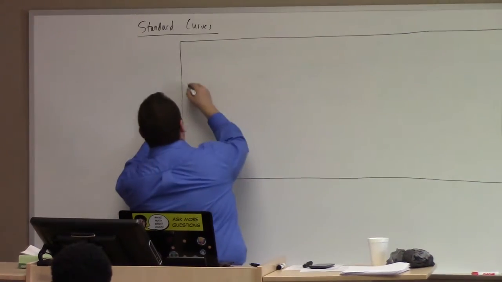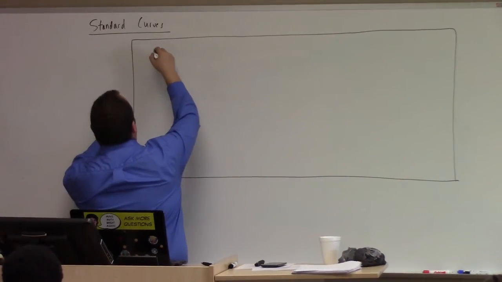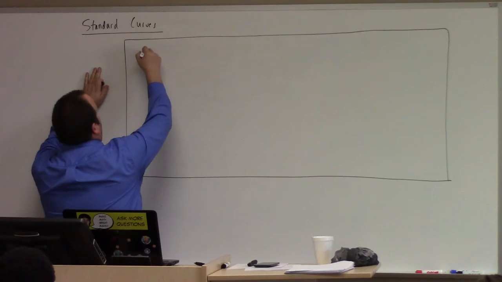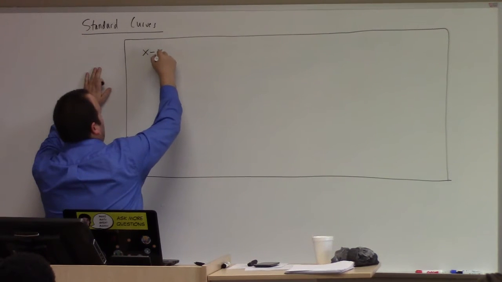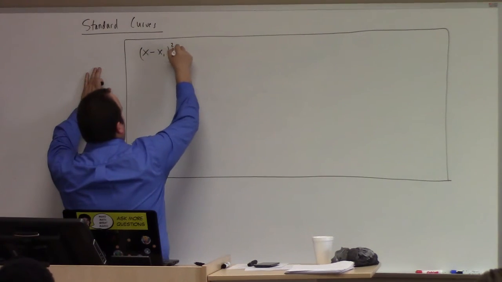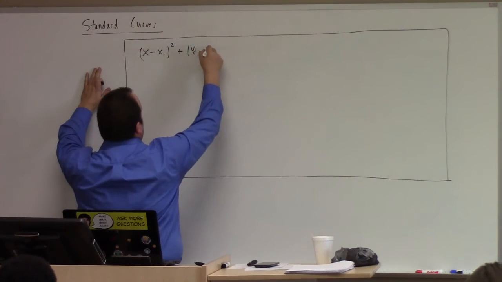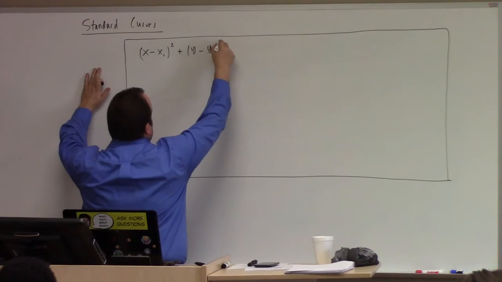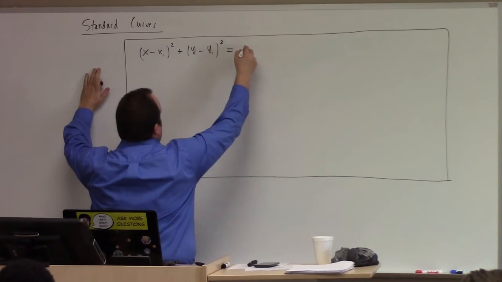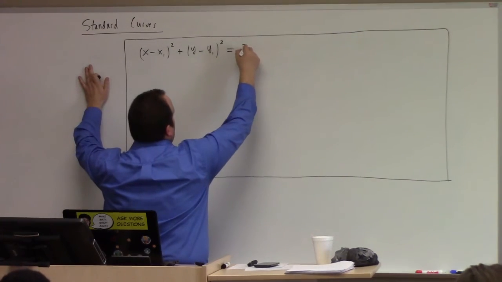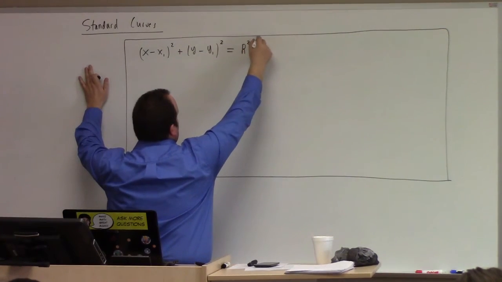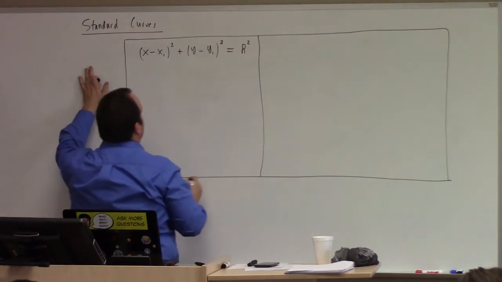First, if I have x minus x1 squared plus y minus y1 squared equals r squared, what is this?